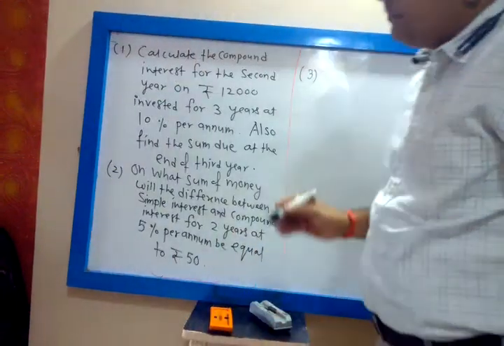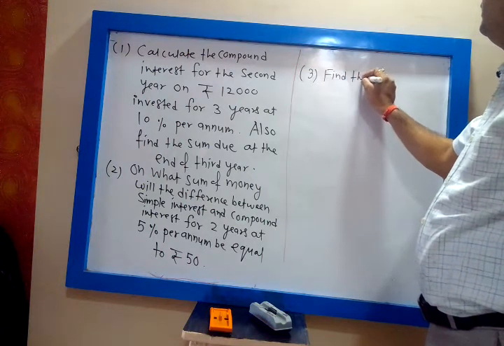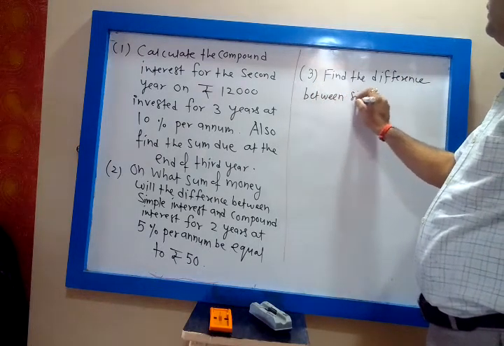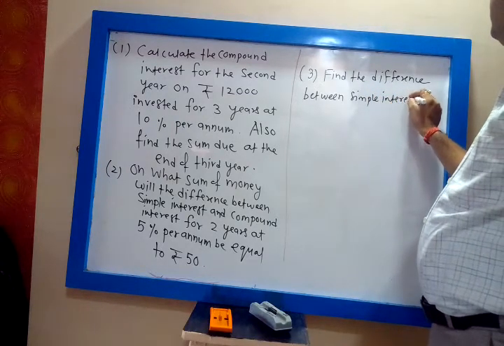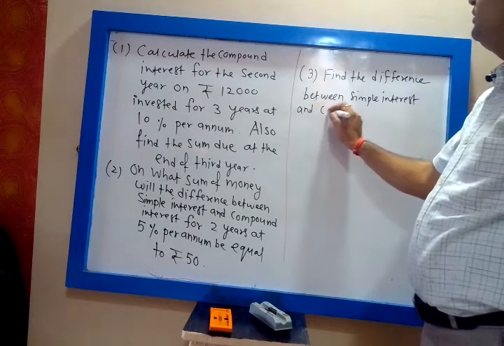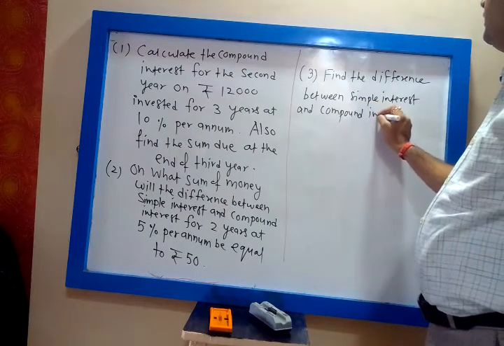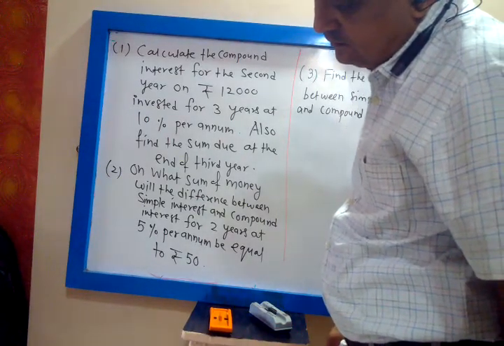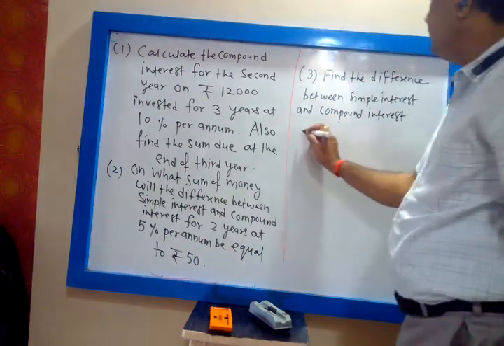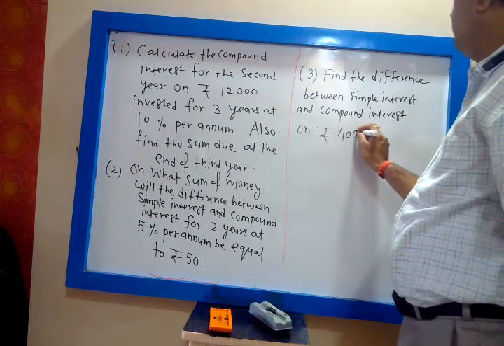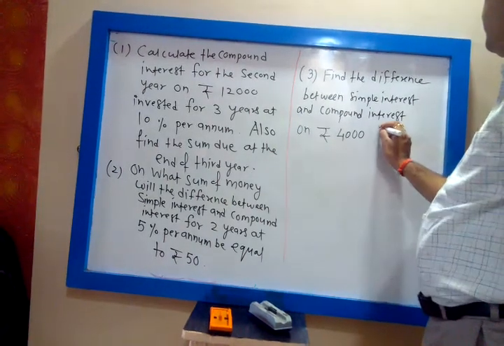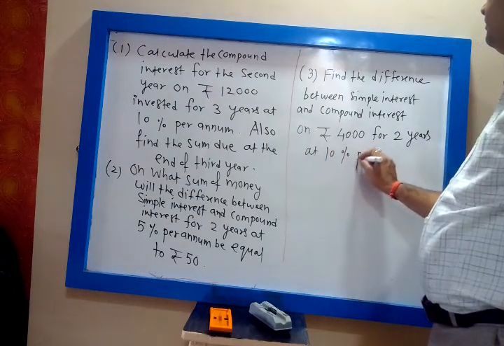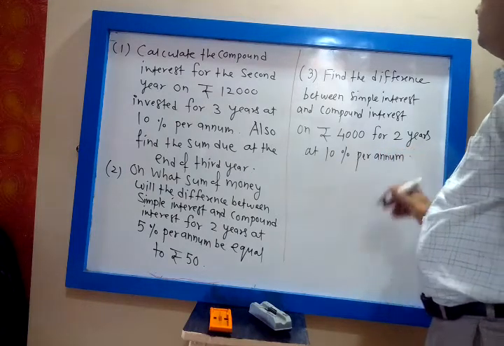Find the difference between simple interest and compound interest on rupees 4,000 for 2 years at 10% per annum. So again it is on a yearly basis for compound interest.